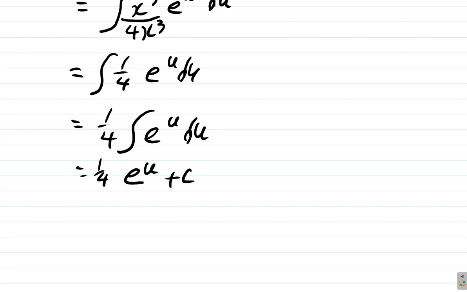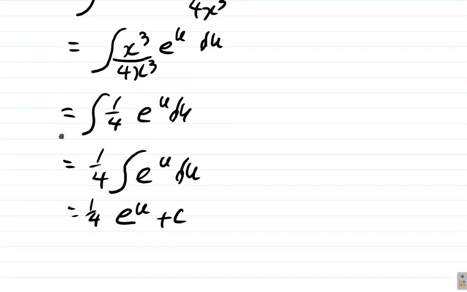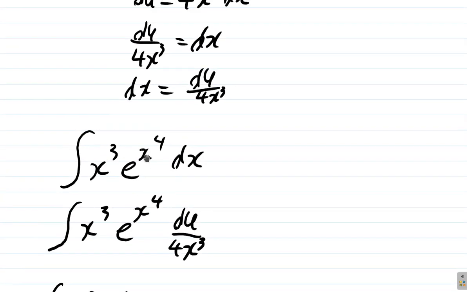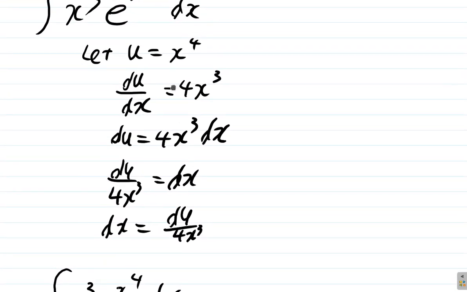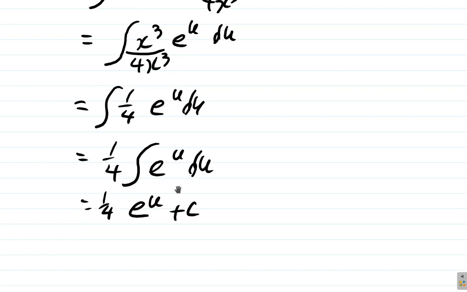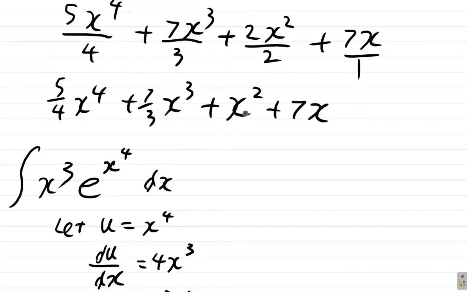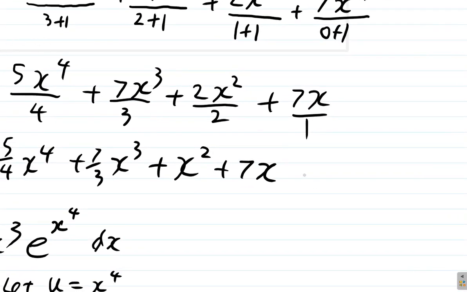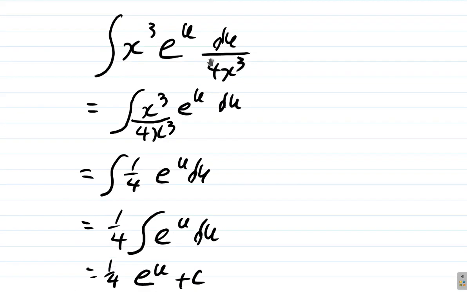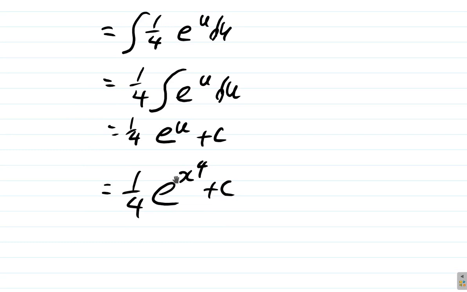But what was u again? u was x to the power of 4. So therefore, this is equal to a quarter e to the x to the fourth plus c. Oh, by the way, remember the earlier part didn't add the plus c. Should add the plus c up there, just remember. So e to the u plus c is the answer for this one.